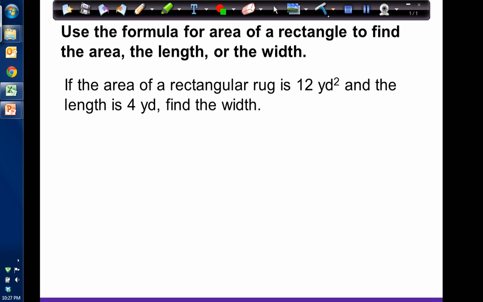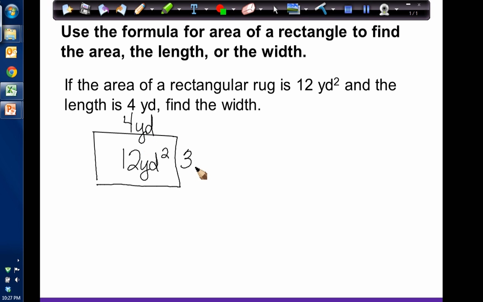Now let's take a second to think about that for a minute. We have our rug. It was 12 yards squared. And how do we know that it is 12 yards squared? Well, the length is 4 yards, and the width we said was 3 yards, and area we know is length times width.